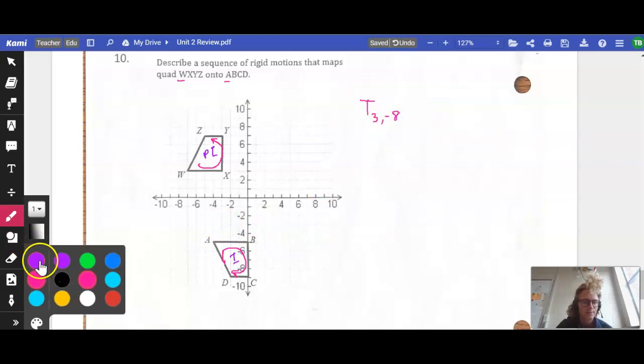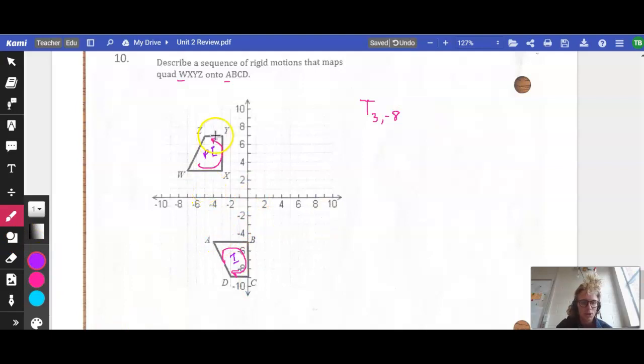If I do that, right 3, down 8, that puts me right here. And then right 3, down 8, that's right here. That becomes Z prime, that becomes Y prime. Connect my points.